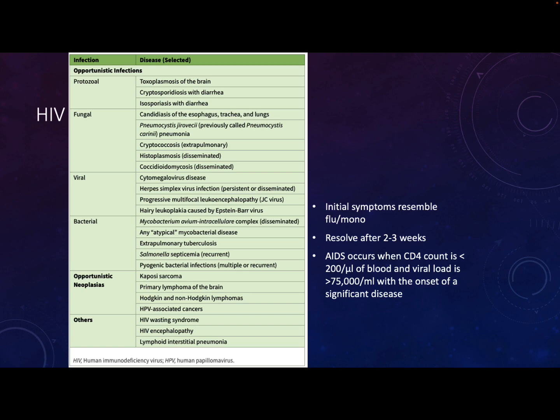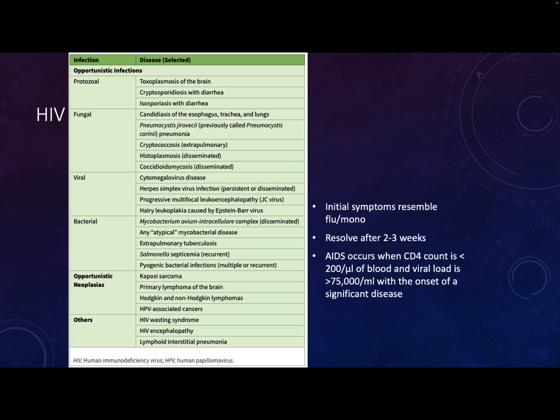Other fungal infections like cryptococcosis, outside of the lungs, it's normally only in the lungs. Disseminated histoplasmosis or coccidioidomycosis. We'll talk about fungi next after viruses. Cytomegalovirus, herpes simplex, a couple of the other viruses that we didn't talk about, Epstein-Barr, weird bacterial diseases, opportunistic cancers, and others.